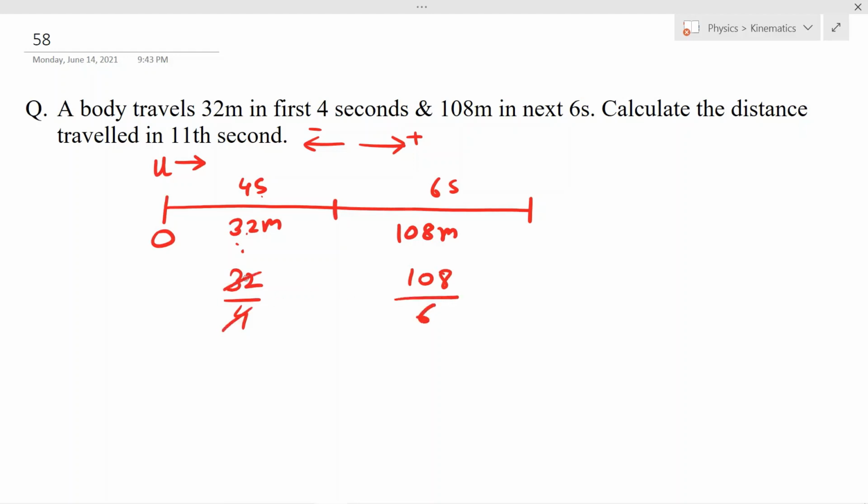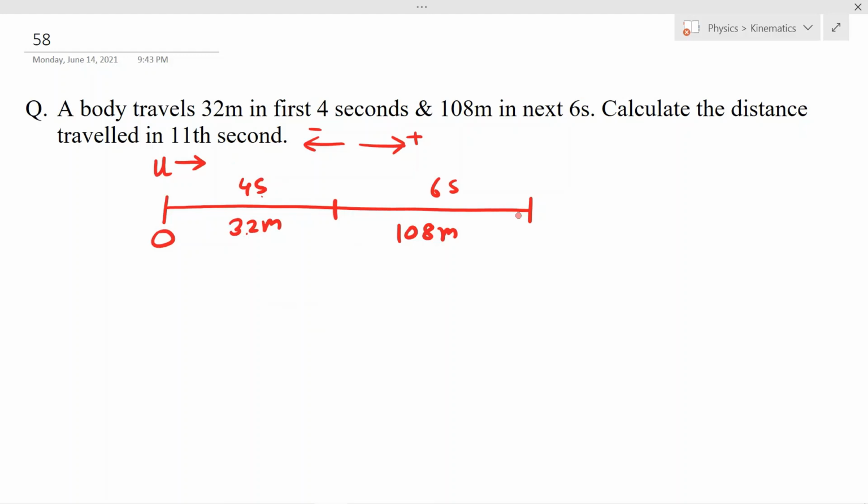So if I do this, this is 8 and this is 18. Now 8 is not equal to 18, so this is not uniform motion, this is accelerated motion.